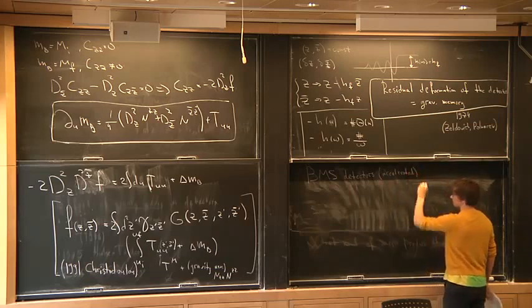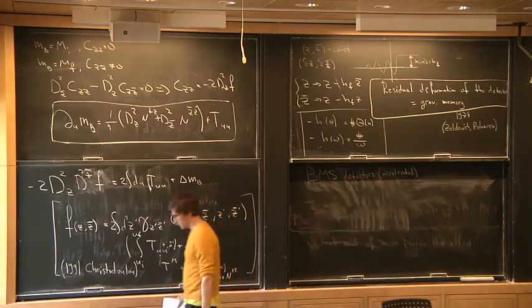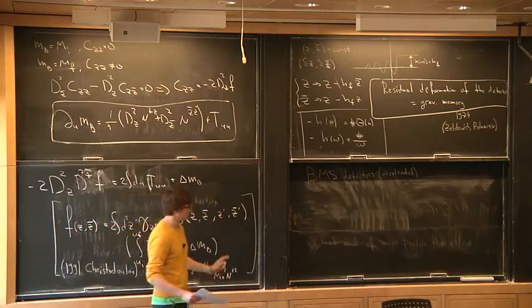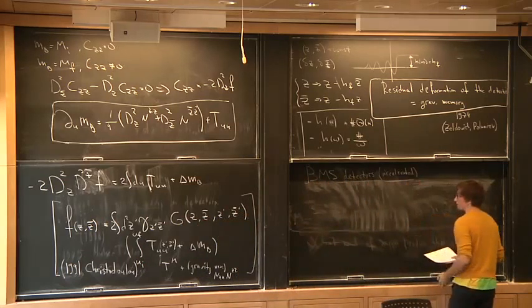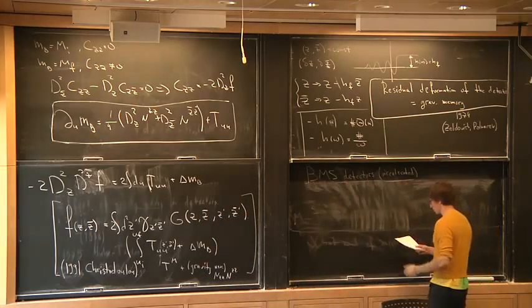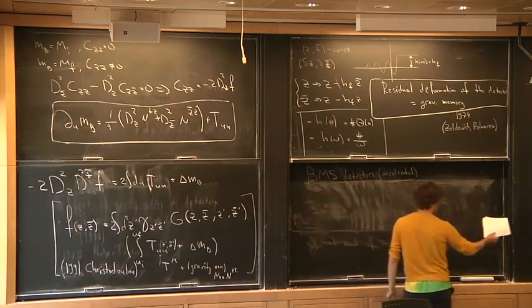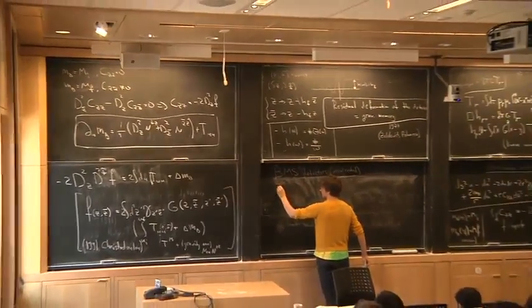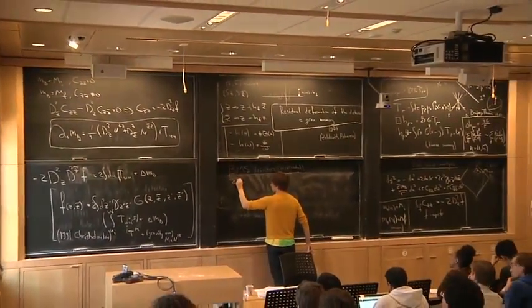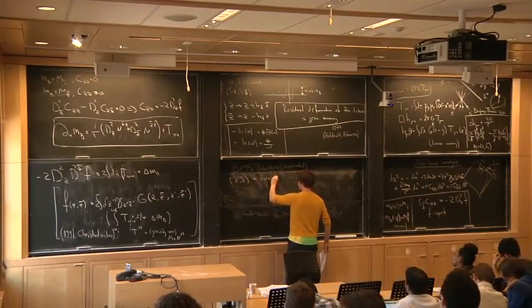Each BMS detector carries a little rocket, which keeps it fixed with respect to some particularly chosen boundary frame. A BMS detector is defined as a detector which, as soon as you fix the gauge, stays at z and z bar equal to constant. That's the definition of it.